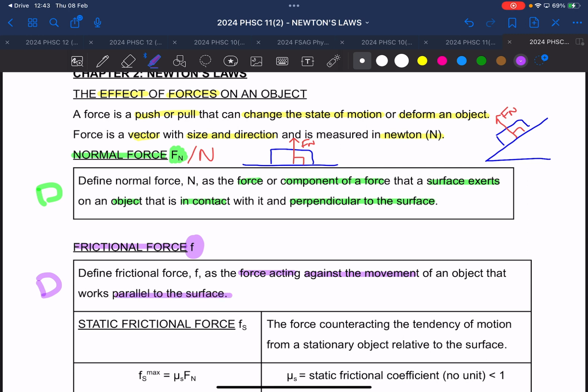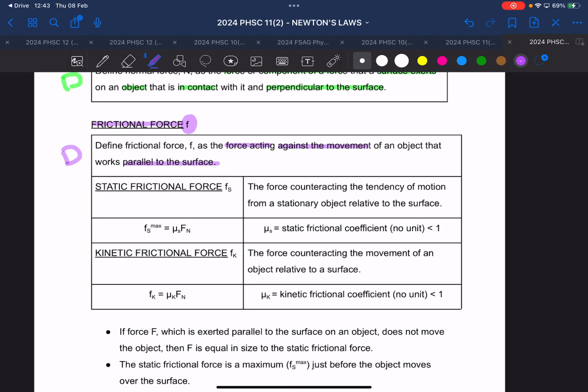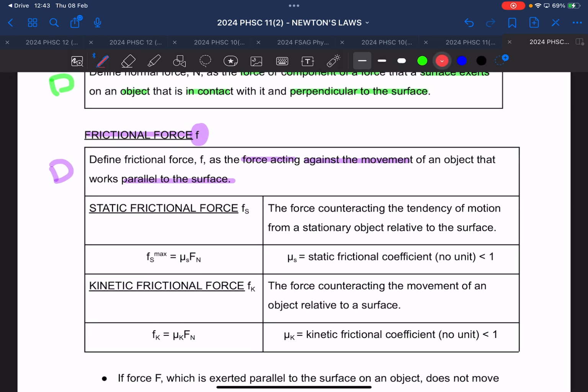So if they just ask, give the definition for frictional force, this is what you're going to give. Then we have 2 different types of frictional force. We have static frictional force, and we have kinetic frictional force.